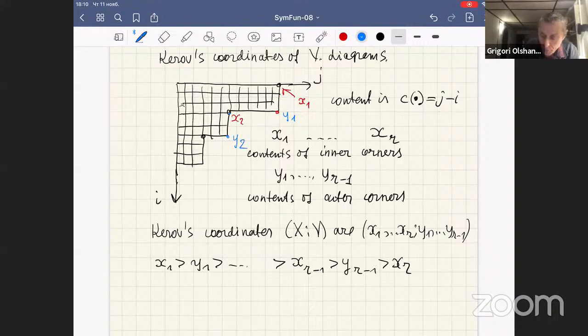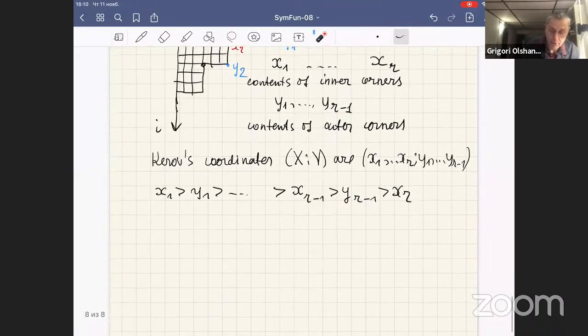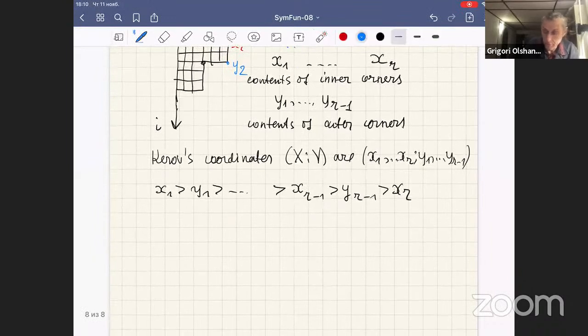When we move in this direction, you see that this difference strictly decreases. So we get these inequalities.